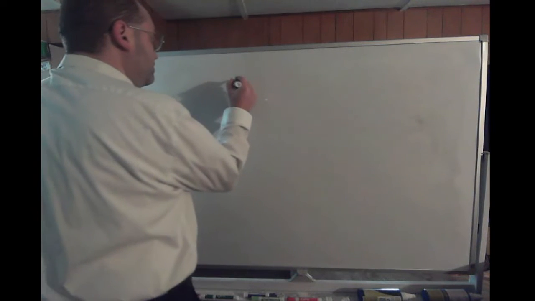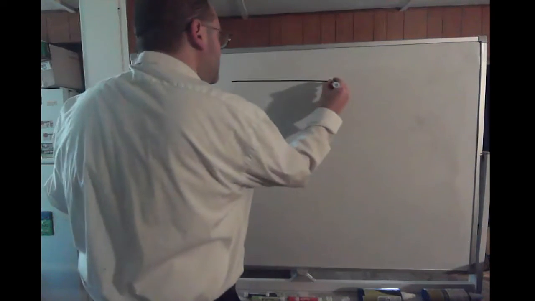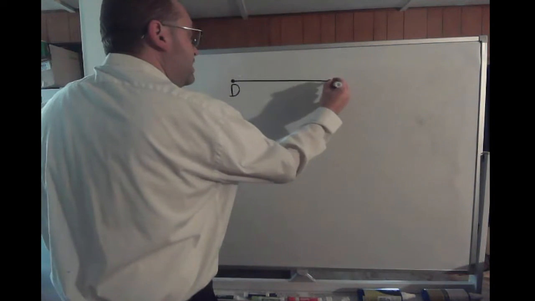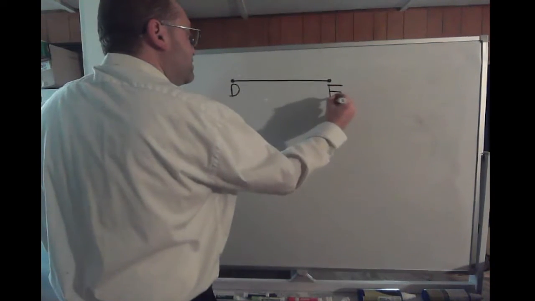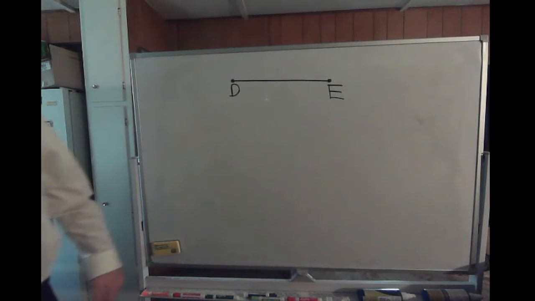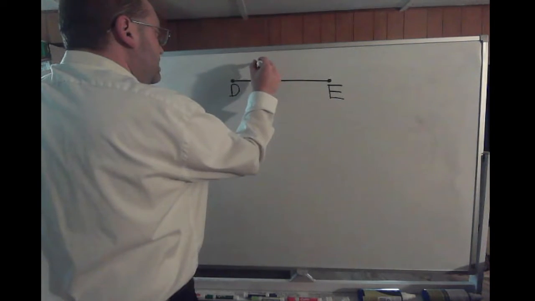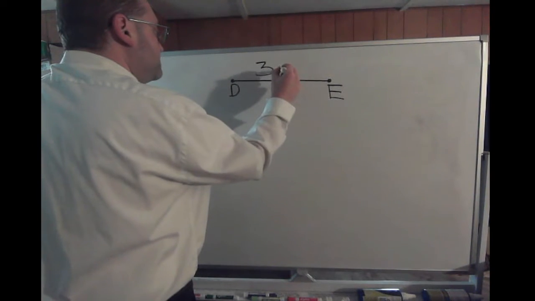So let's talk about congruent line segments here. Let's say I give you a line segment here, DE. We've determined we got DE. That's going to be equal to, we'll say 3 inches.